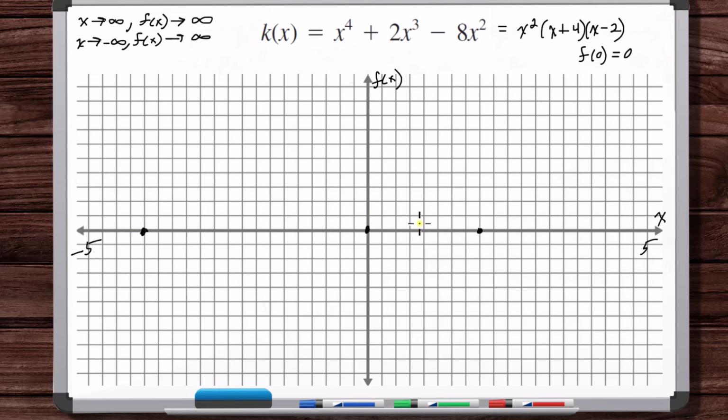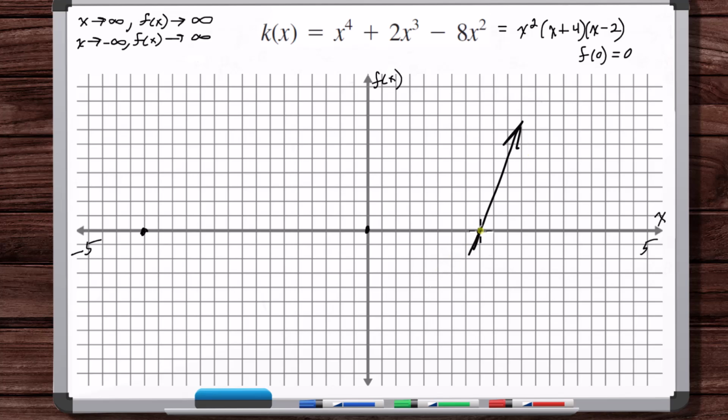Okay, now, technically we have all the information we need to get a general plot of the function. Some people will plot it from here. These two x-intercepts at the ends are odd multiplicity, so they cross the x-axis. As x goes to infinity, the function goes to infinity.